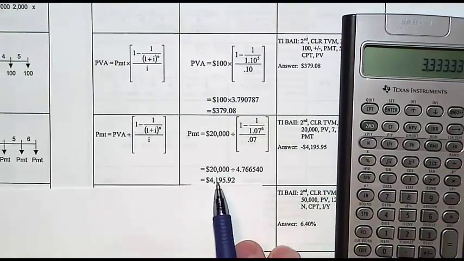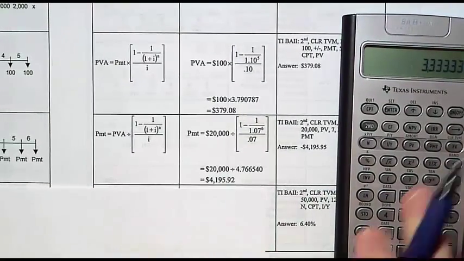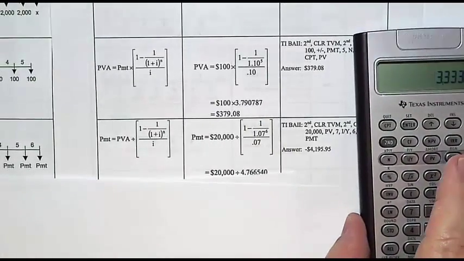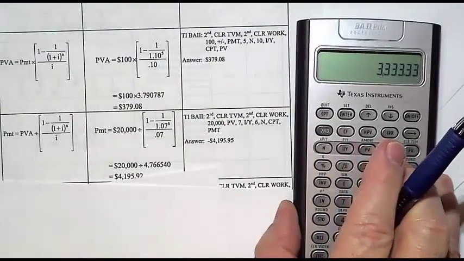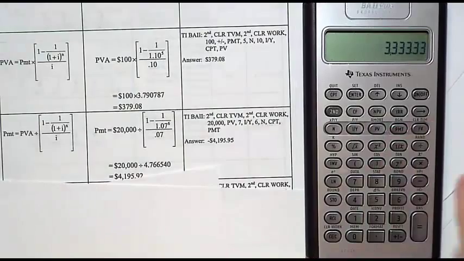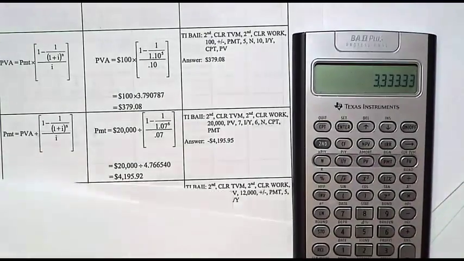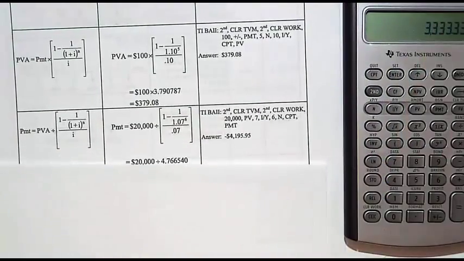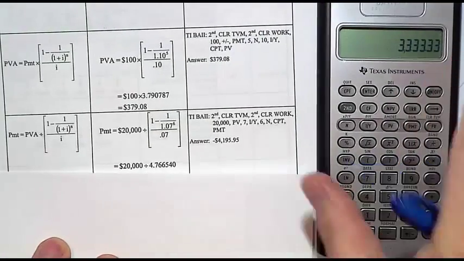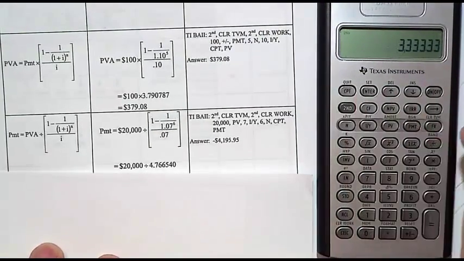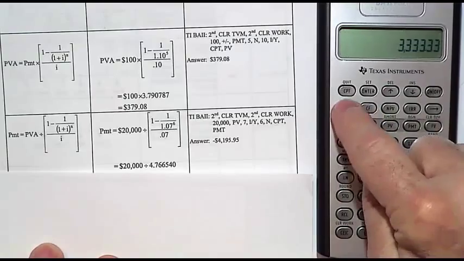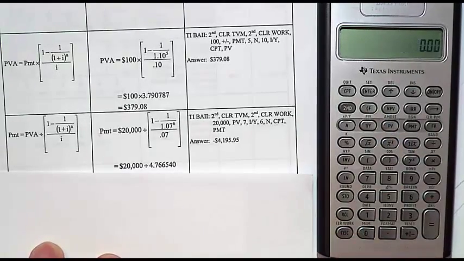So here's our $4,195.92. And if we use our handy calculator, it would look like this. We're going to clear everything. So clear everything on your calculator. Second, clear TVM. Second, clear work.